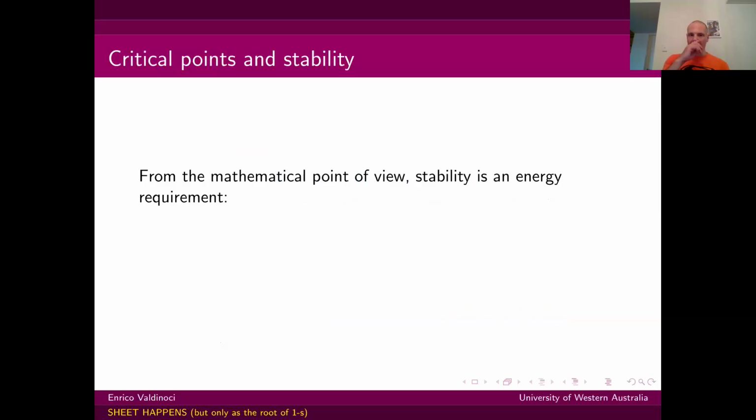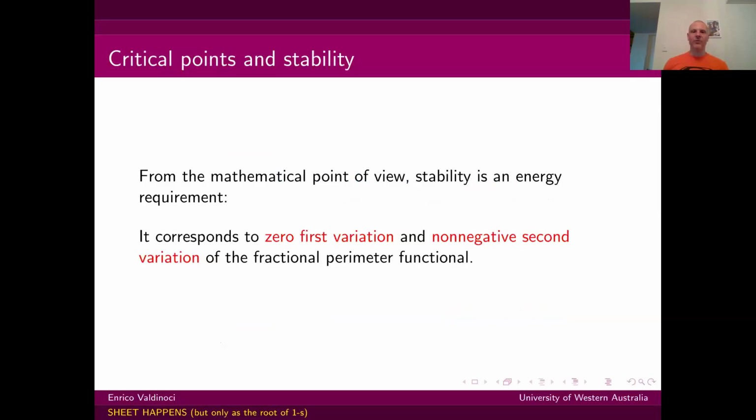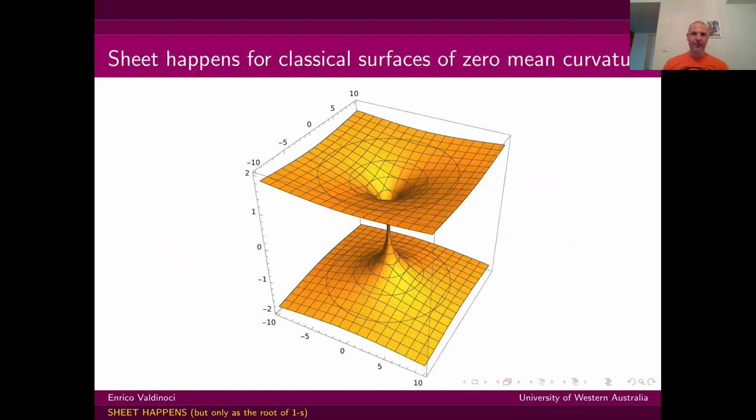And yes, so as I was saying, stability is an energy requirement because it corresponds to non-negative second variation of the fractional perimeter functional. So to be a stationary solution, we want the first variation to be 0. This would correspond to the Euler-Lagrange equation. But then we want the functional to have somehow, maybe not a minimum, but still develop a non-negative second variation at this critical point.